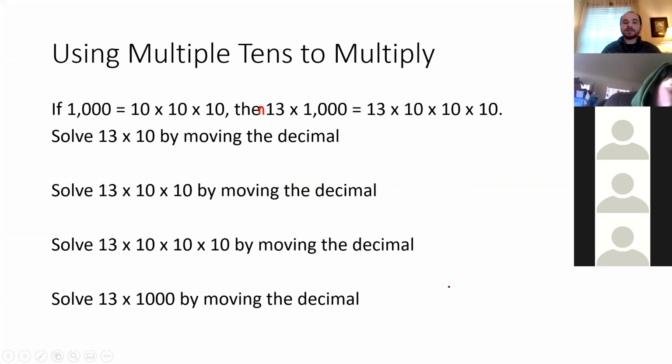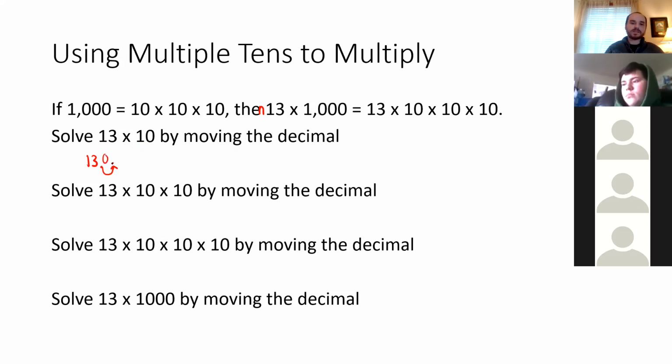The reason this is easier is because each 10 tells us to move the decimal place 1 to the right. Here, 13, we have a decimal right here. Hold on. Whoops. I jumped ahead a little bit. Sorry. Let's solve 13 times 10 by moving the decimal. So how would we do that? We're going to move this 1 to the right.